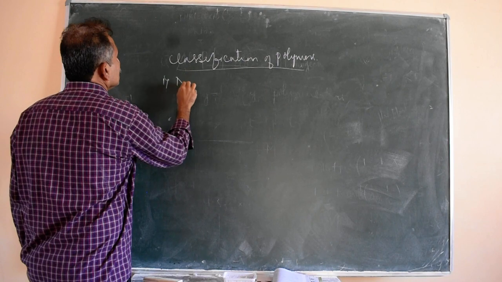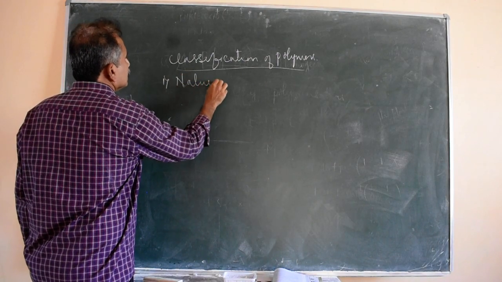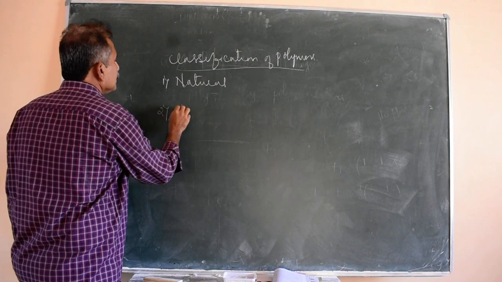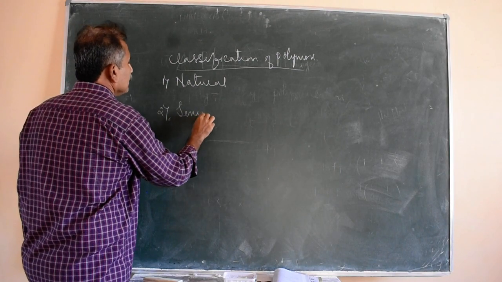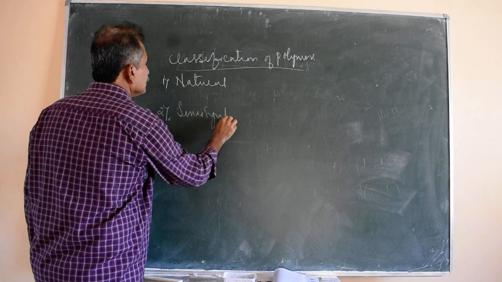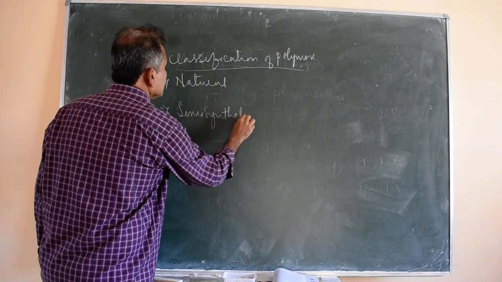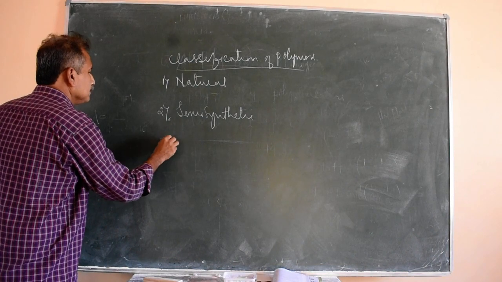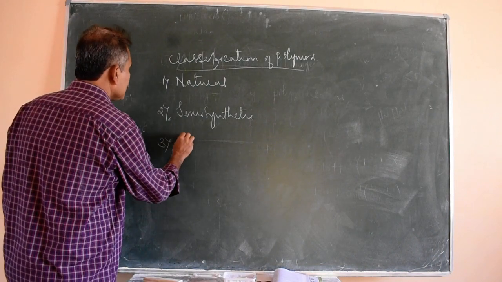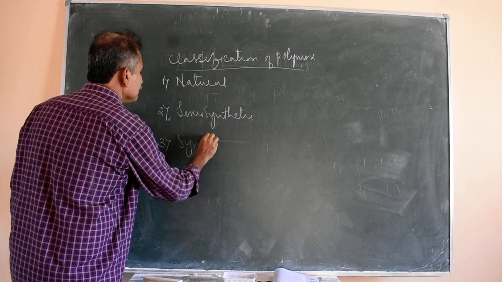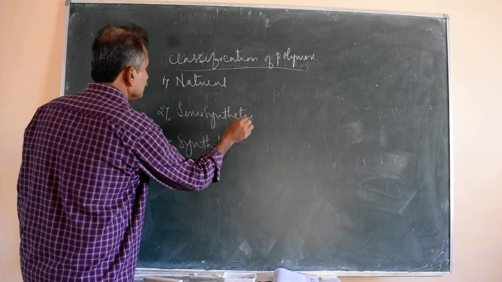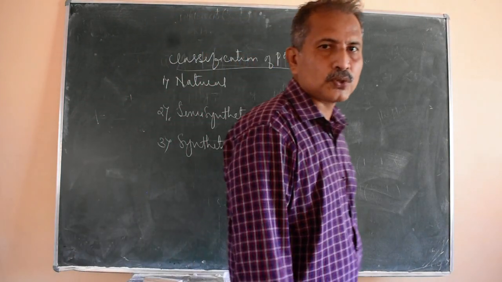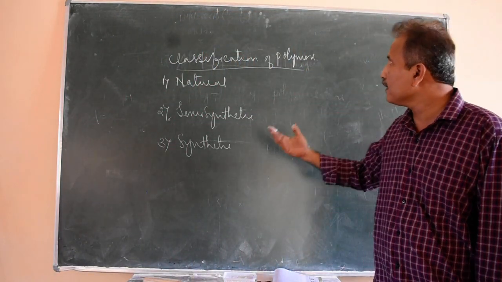One is natural, then semi-synthetic polymer, and the third one is synthetic. Okay, so this classification is based on the source from where we get this polymer.